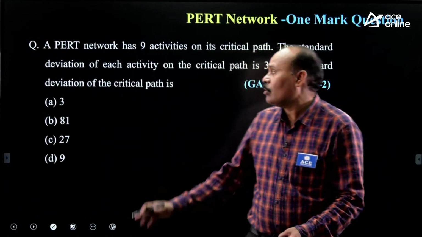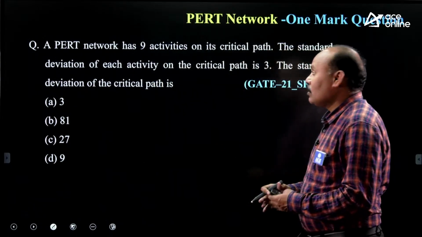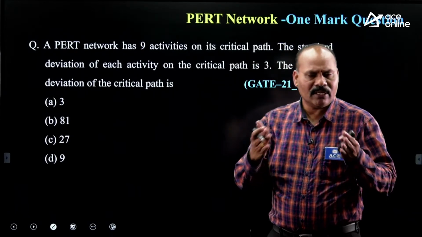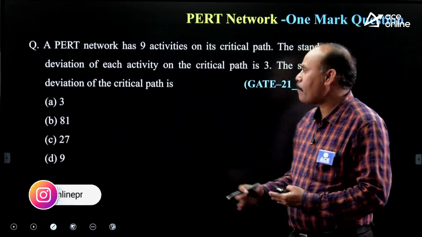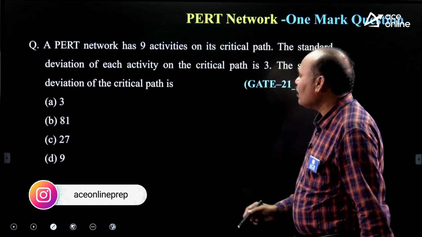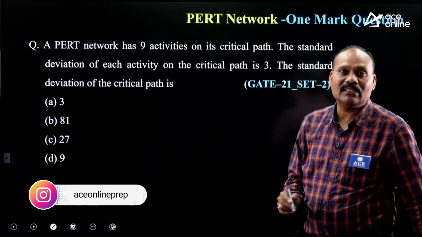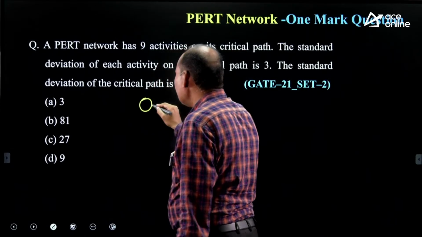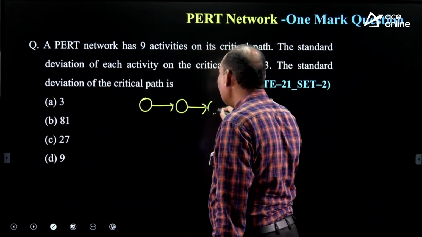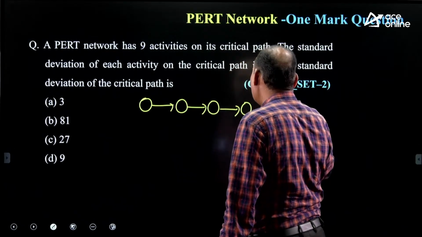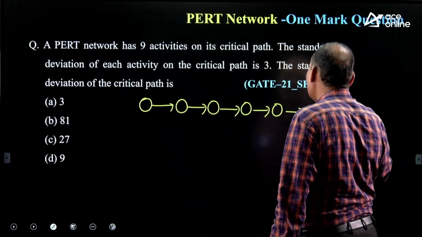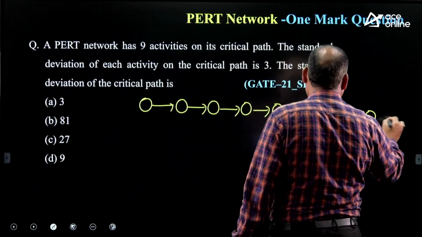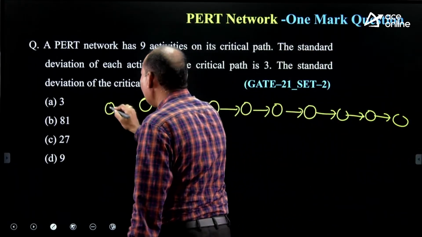Next, a PERT network has 9 activities on its critical path. It is mentioned clearly that 9 activities are on the critical path. The standard deviation of each activity on the critical path is 3. So 9 activities: 1, 2, 3, 4, 5, 6, 7, 8, and here I am drawing one more.